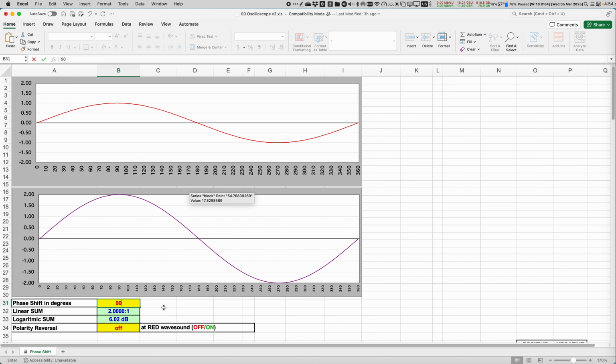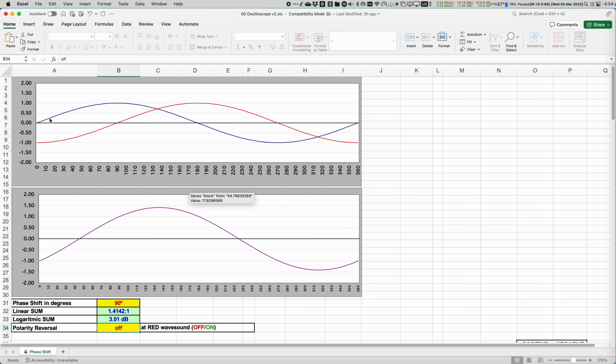If I go to 90 degree, you can see that now this signal, the red color, is being shifted to the right 90 degree. So this means an electronic delay that causes 90 degree for this signal. Individually, they have the same values peak, but the summation is not anymore 2. Now the summation is 1.41, and this 1.41 represents 3 decibels.